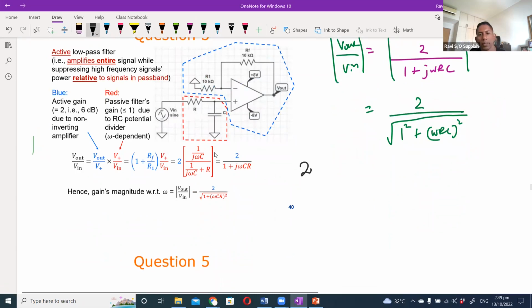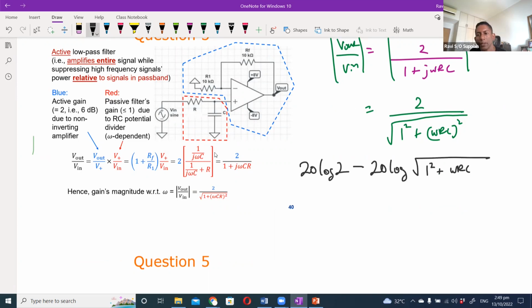I'll get 20 log 2 minus 20 log square root of 1 plus (omega RC) squared. This is an important step from here to here. You'll notice that all the questions are done the same way.